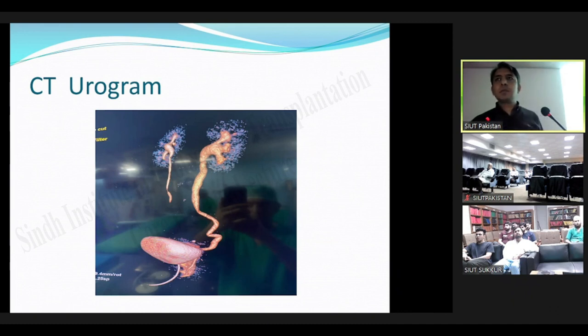This excretory image might be an early one because we can see in the left side ureter there is hydronephrosis and hydroureter as well. So it's likely that there is a ligation injury at the distal left ureter, and on the right side there is no hydronephrosis as well, and it's maybe just still clearing the urine. So one film is not enough.